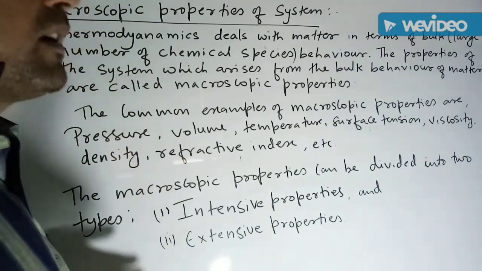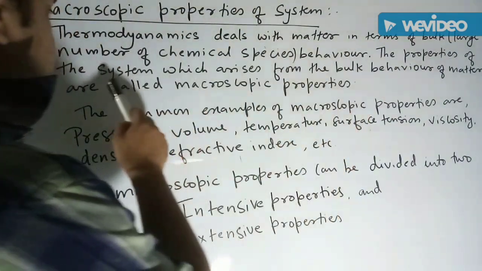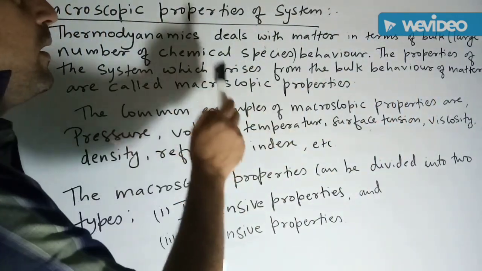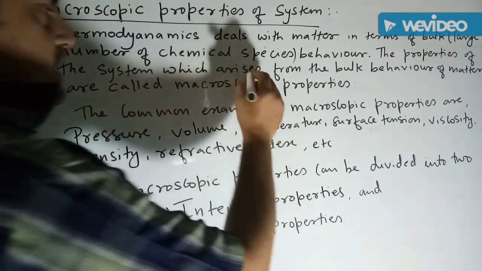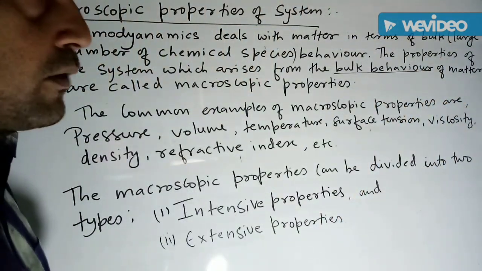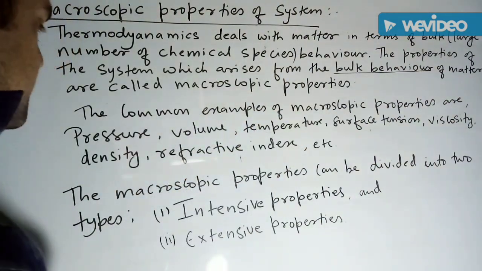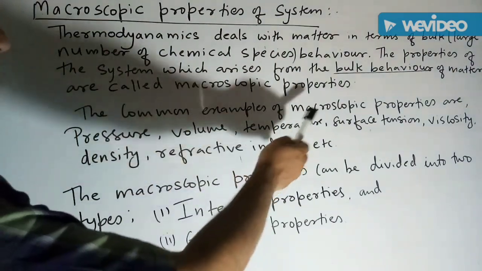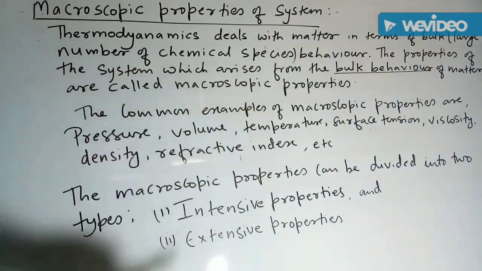The properties of the system which arise from the bulk behavior of matter are called macroscopic properties. Common examples are pressure, volume, temperature, surface tension, viscosity, density, refractive index, etc.